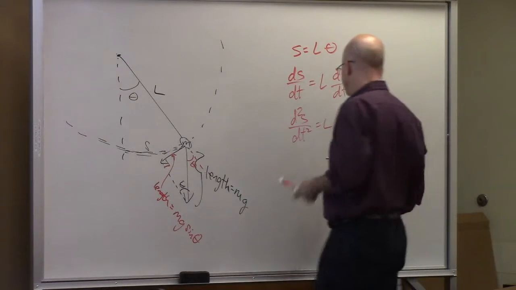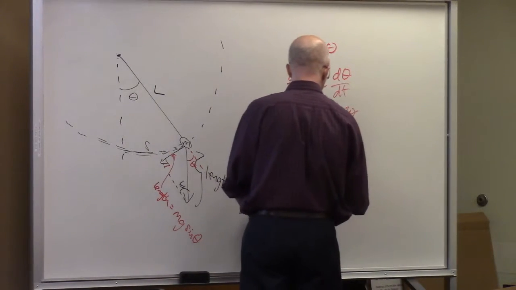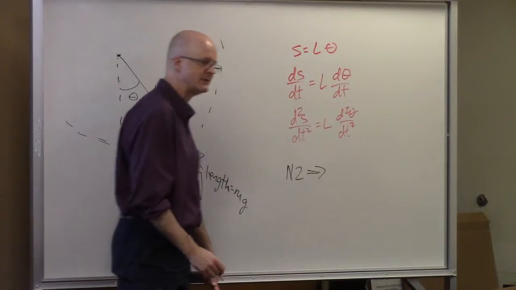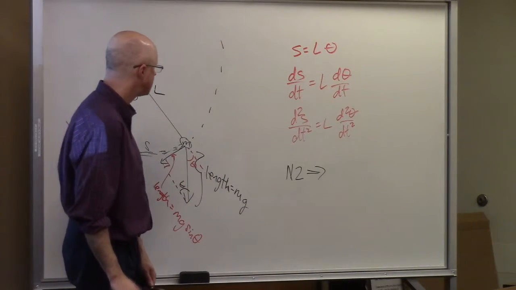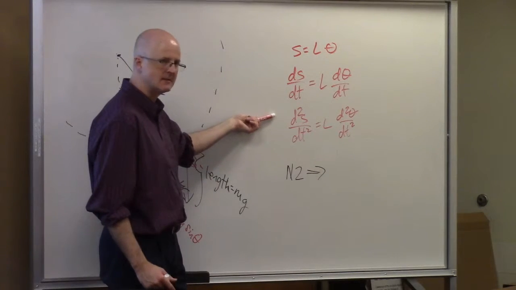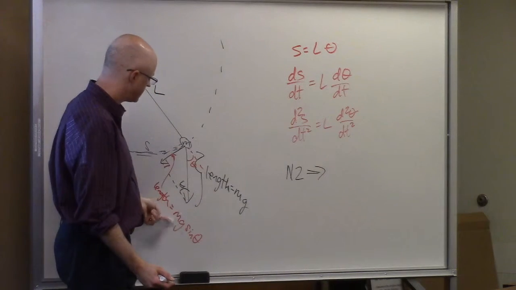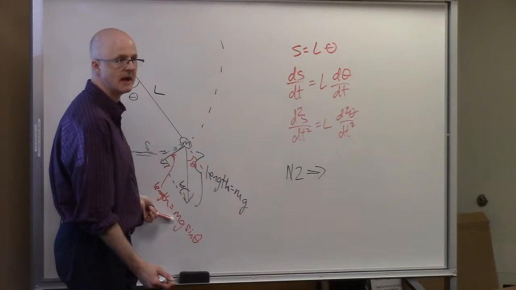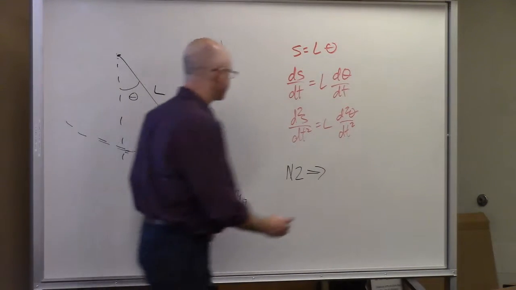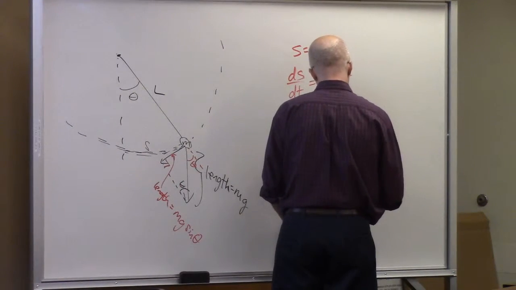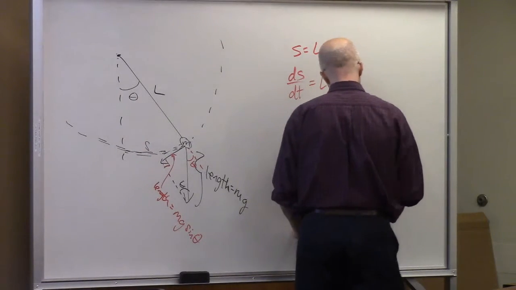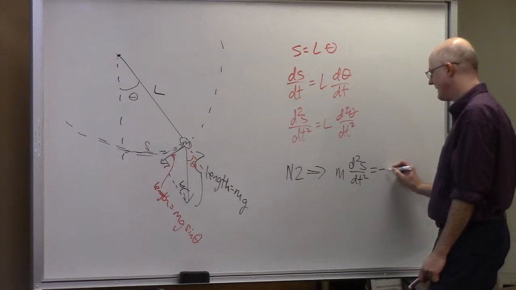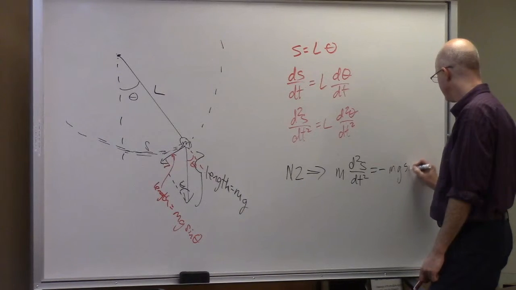And so now Newton's second law. N2 stands for Newton's second law. F equals ma says the mass times this will equal this with a negative sign because the force is in the opposite direction. M times the second derivative of s with respect to time will equal negative mg sine theta.